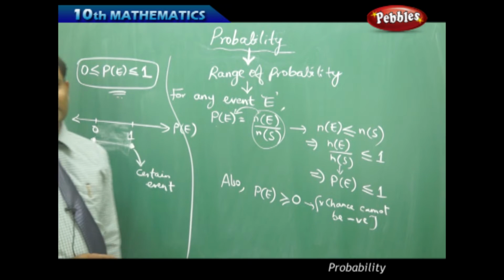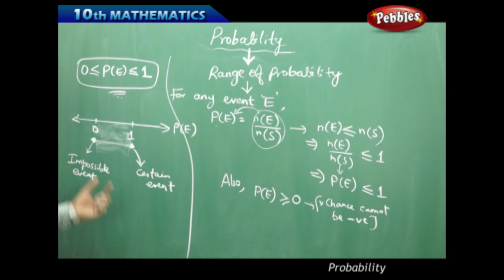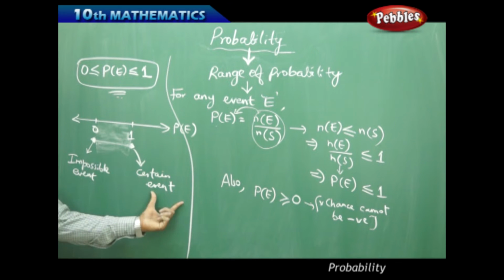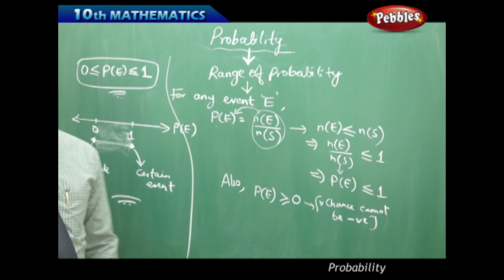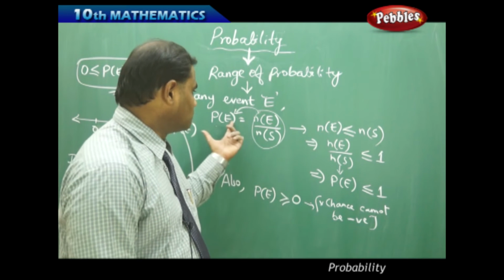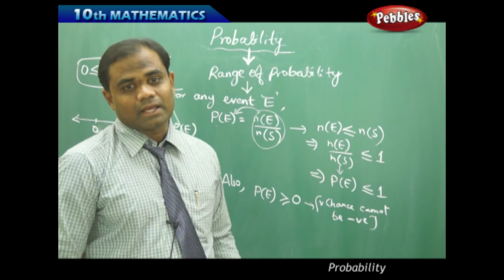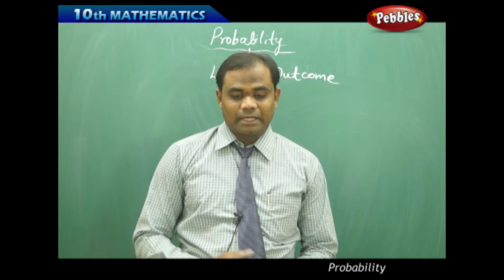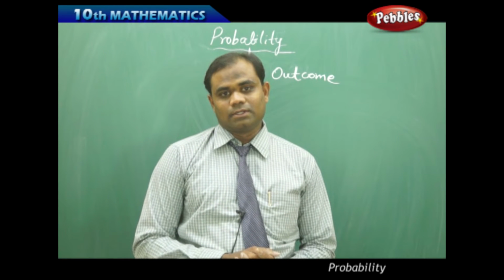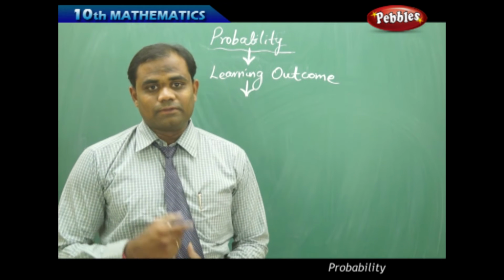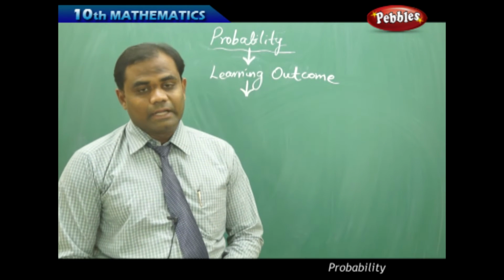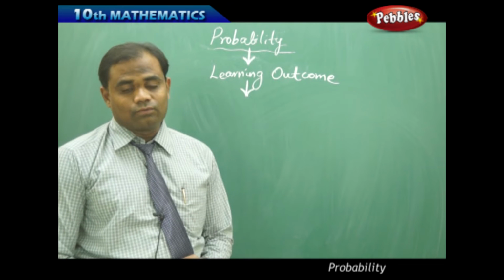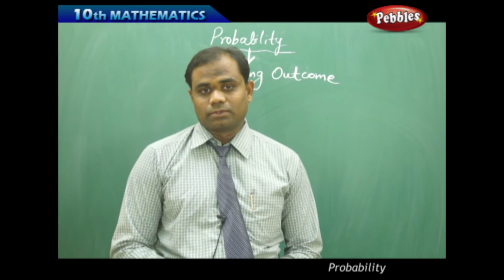This is how we understand the range of probability: impossible event, certain event, and the range of P, through the basic definition of probability as N(E) by N(S). So now that we have discussed probability and a few example problems connecting the definition of probability, let's see the learning outcome of what we have learnt.